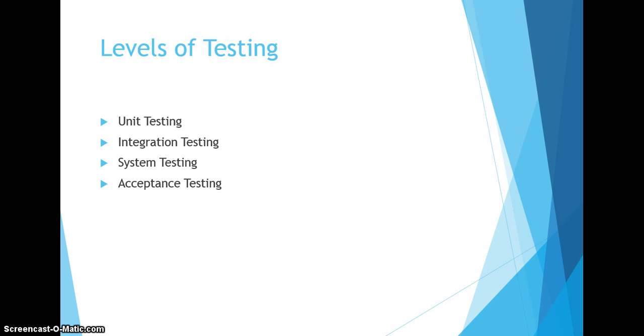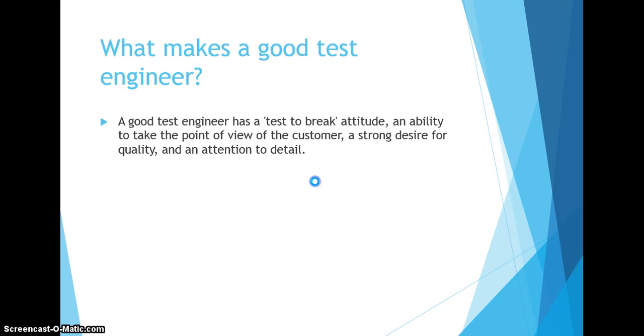Then you have system or functional testing, wherein you go through end-to-end functional flows and test it, and acceptance is the final testing before the production environment, which is to find out if your system has performed as per requirements.